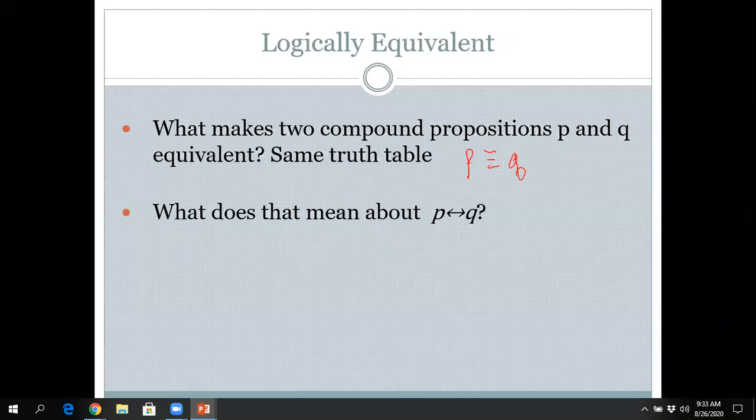If P and Q always have the same truth table values, it will be a tautology. Because it will be true if and only if true, which is true, or false if and only if false, which is also true. So this would be a tautology if P and Q are logically equivalent.